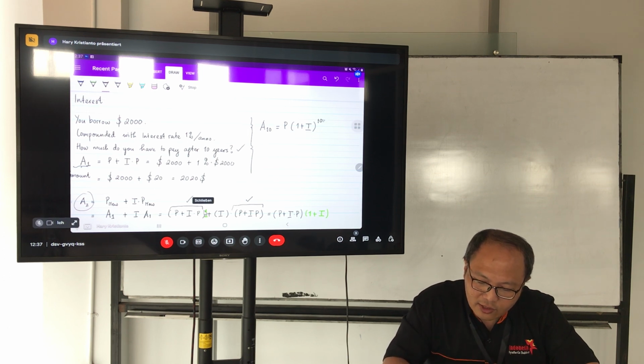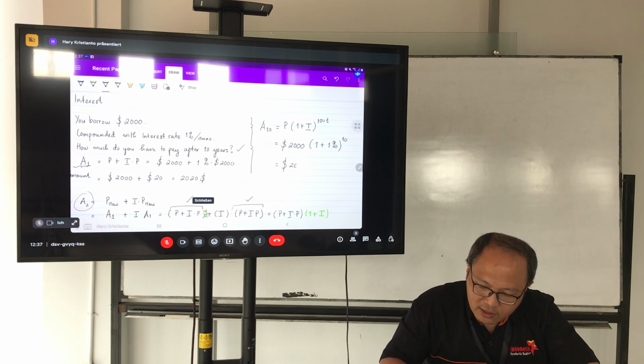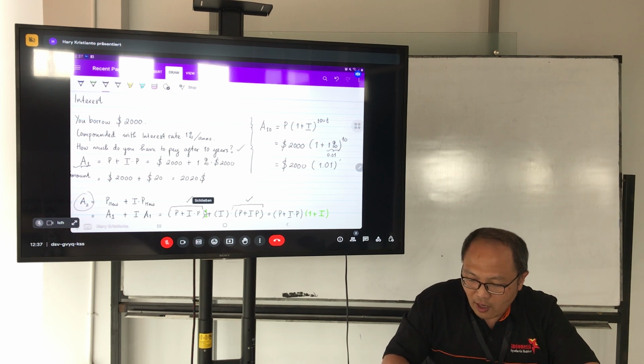In this case, this is your T. So the principal will be $2,000 times (1 plus 1%) to the power of 10, or $2,000 times 1.01. Do you know why? Because 1% means 0.01, correct? Yes, sir. To the power of 10.